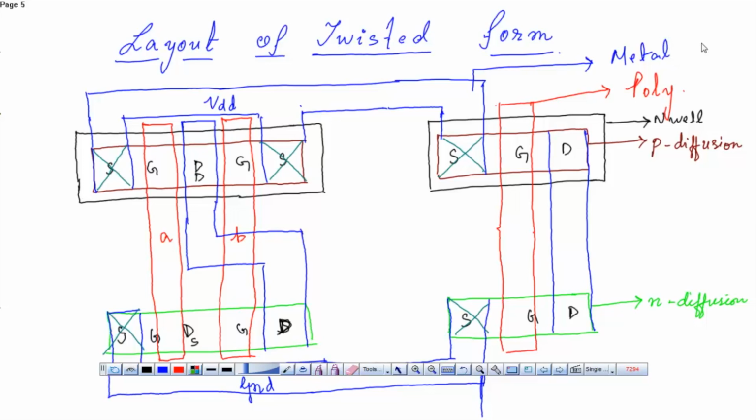Okay, now again we have to place a contact. So certainly there's a question, what kind of contacts are placed?